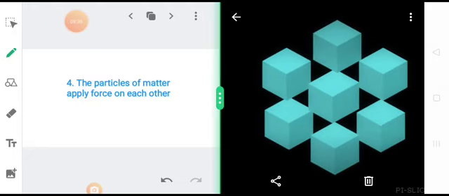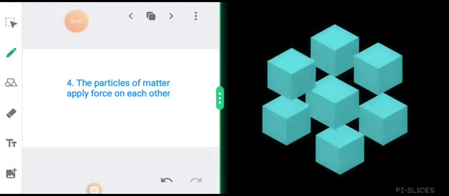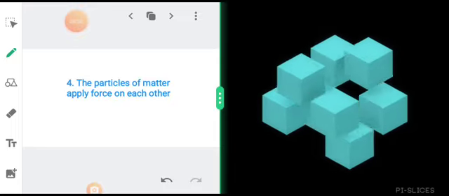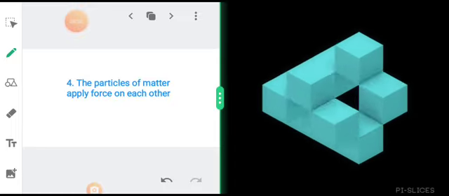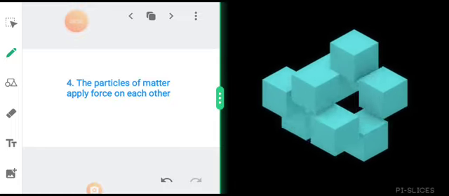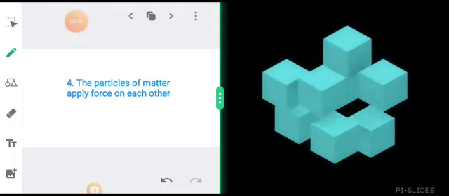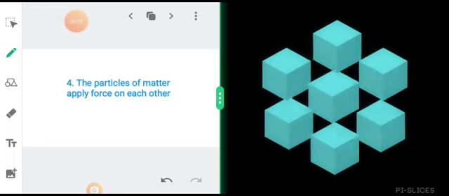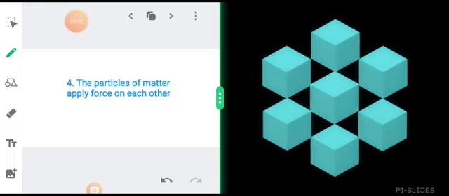Last property: the particles of matter apply force on each other. A force of attraction exists between the particles. Whenever we talk about the stability of any form of matter, this particular property plays the most important role. Unless an attractive force exists between the particles, how can we even think about any form of matter being stable?